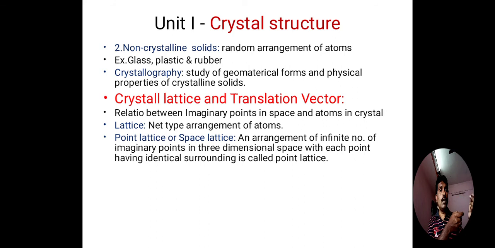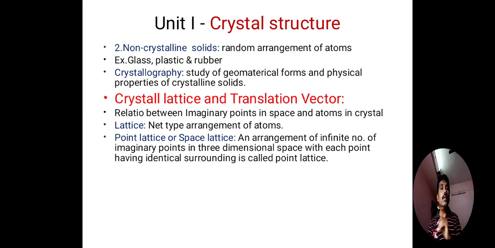If in one direction all these atoms are there, it is called a one-dimensional array. But if with respect to this point there is another atom along the y-axis, surrounding this, similar to this, then the atoms arranged in such a fashion form a two-dimensional array.